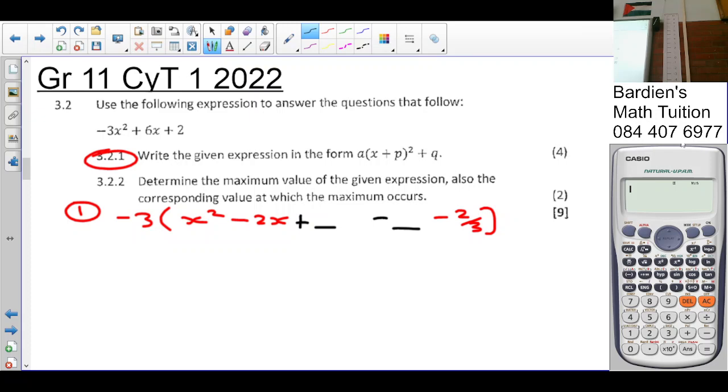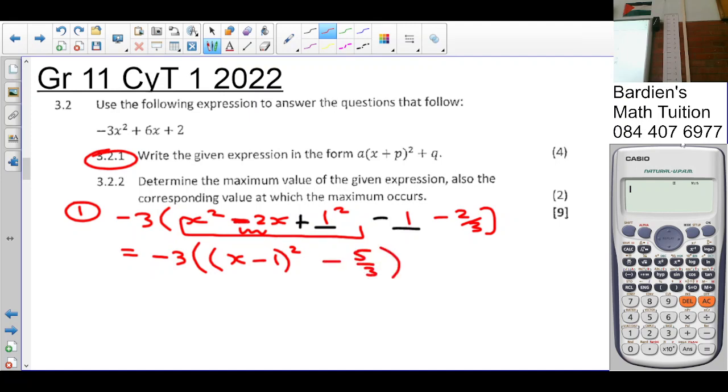The same number subtracted. What's the number in this case? It's going to be 2 times half, which is 1, and 1 squared is 1. Perfect square trinomial. So that's going to give you x minus 1 squared, remember it takes the sign of the middle term, minus 5 over 3. We multiply the negative 3 in. So it's negative 3 into x minus 1 squared plus 5.